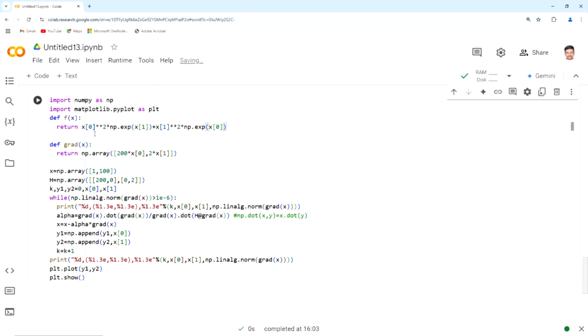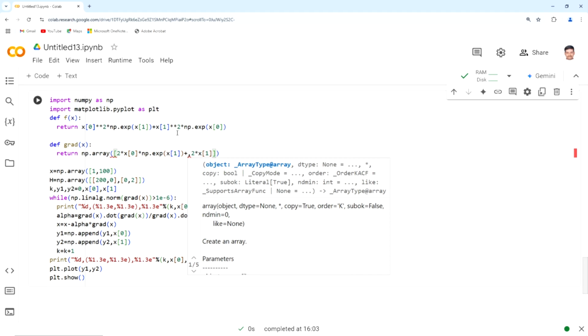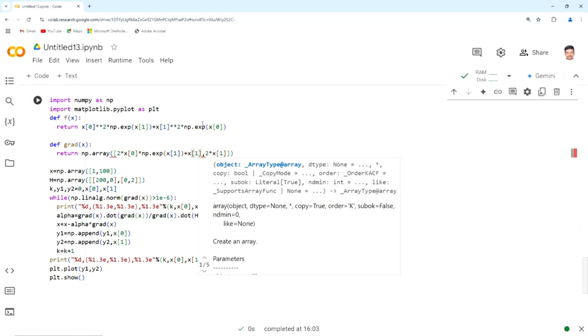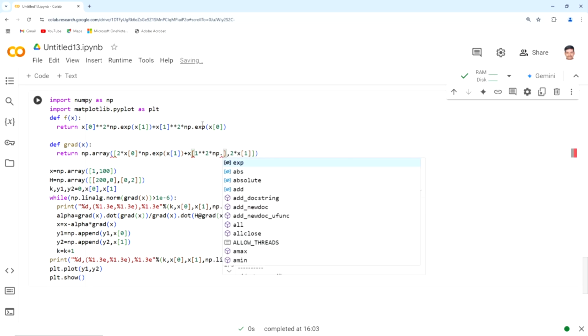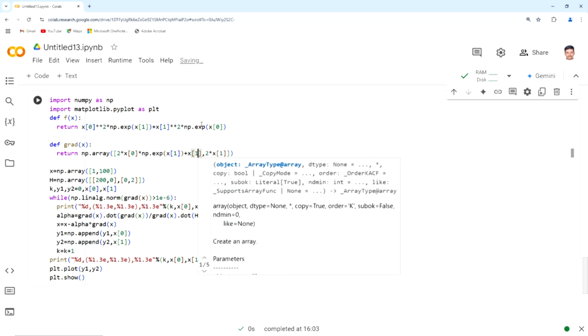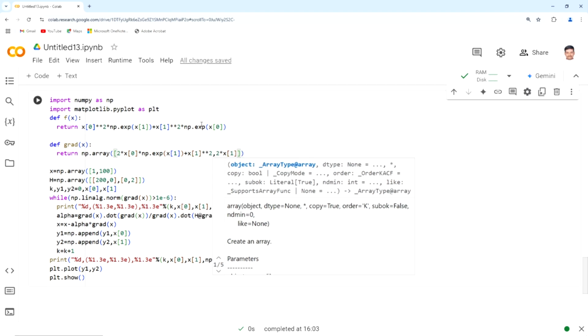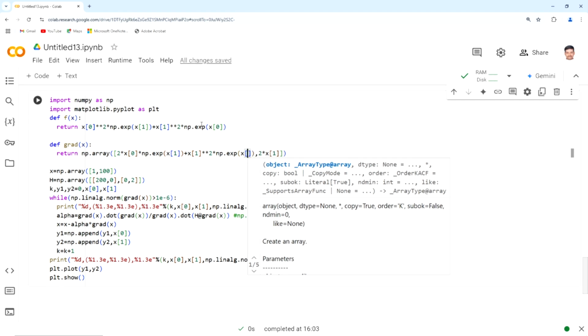So, let us find it. Since you have x naught squared e power x1, that is 2 x naught into e power x1, plus x1 squared into e power x naught.